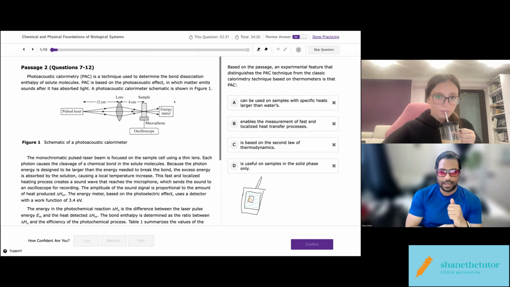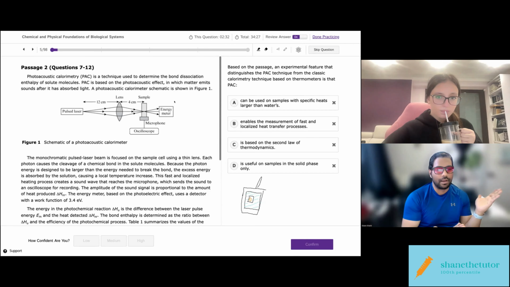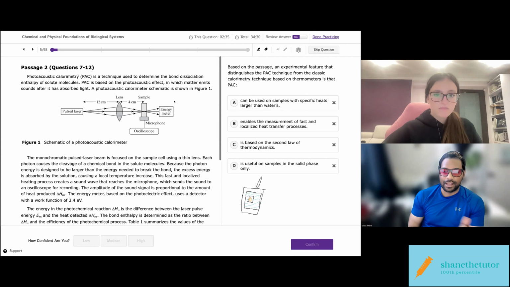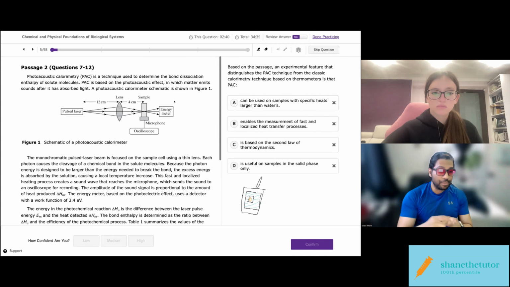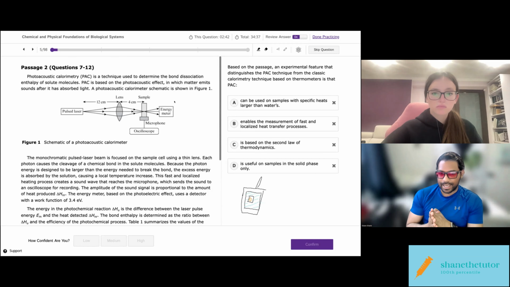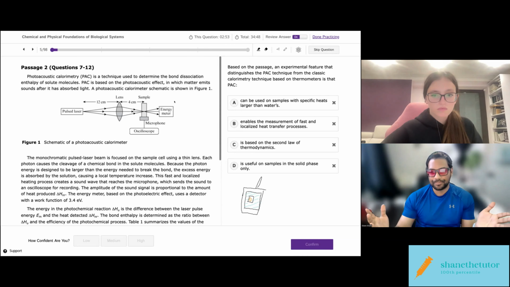So imagine you had a candy bar and you wanted to figure out how many calories are in that candy bar. You could put it in that little container in the bomb calorimeter and use a charge or something to cause it to combust and release energy.